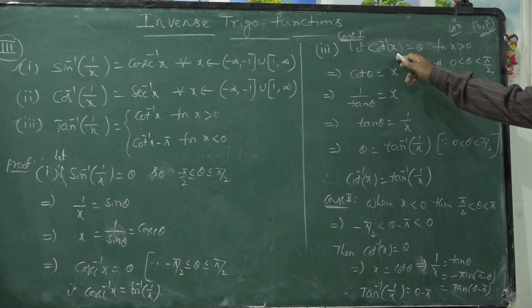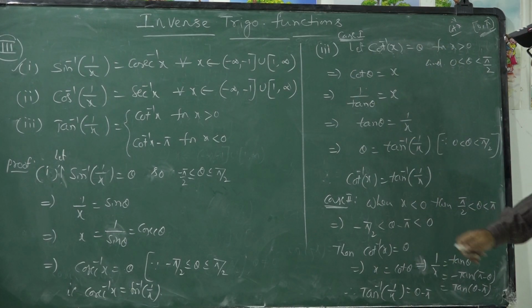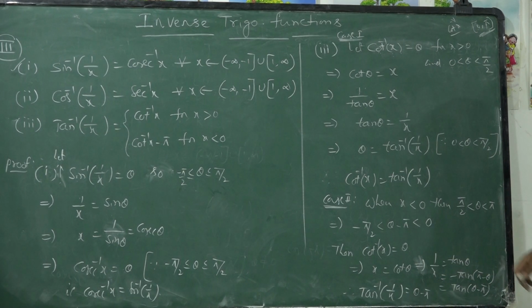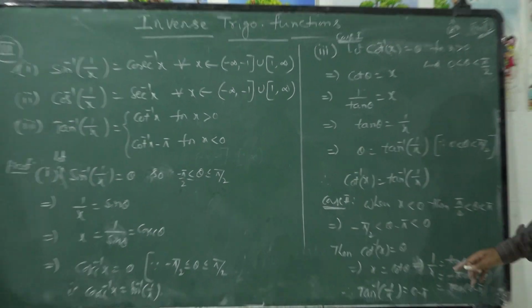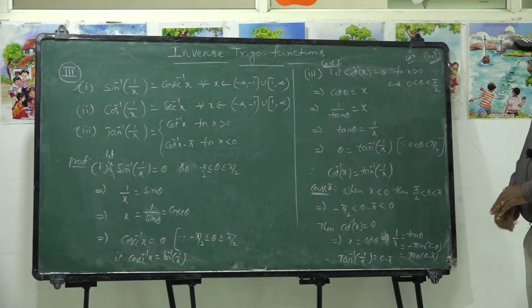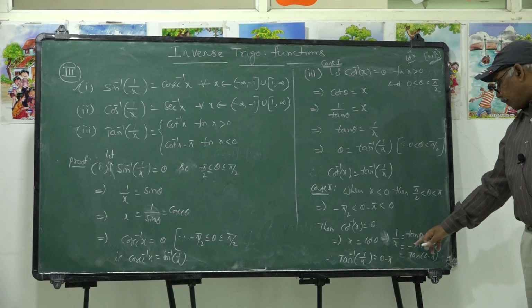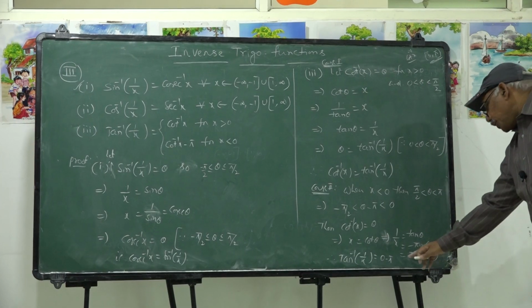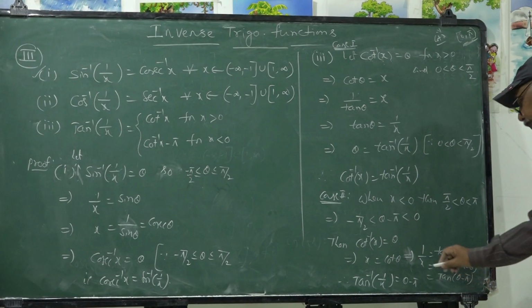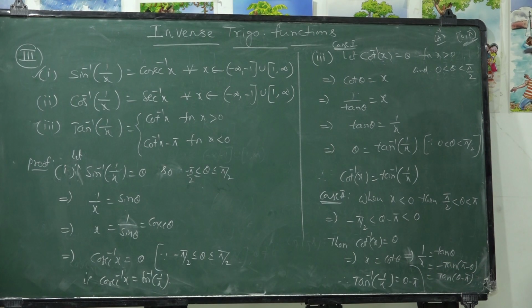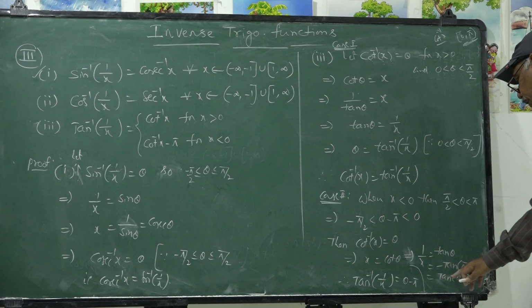Now, taking cot inverse x as theta as usual, x becomes cot theta, 1 by x becomes tan theta. This tan theta may be written as minus tan of pi minus theta, which is tan of theta minus pi. So, 1 by x becomes tan of theta minus pi.